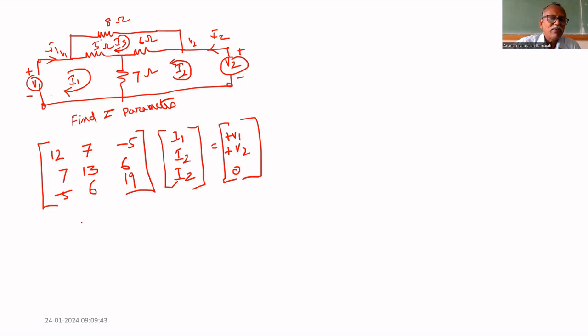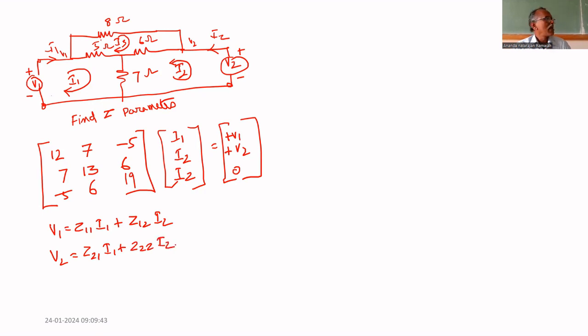Now, what are Z parameters? V1 equal to Z11 I1 plus Z12 I2. V2 equal to Z21 I1 plus Z22 I2. That's all. These are the two equations.